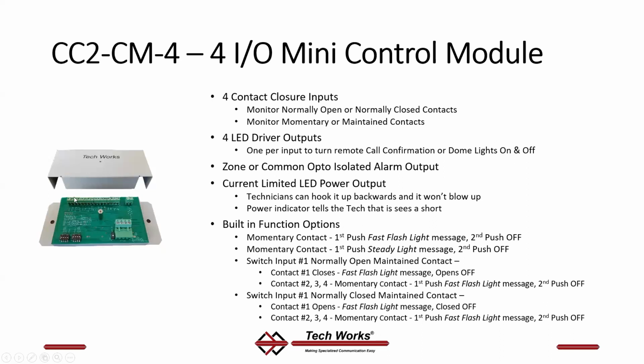The other thing is switch input number 1 sometimes is used to monitor a maintained either normally open or normally closed contact. That can be a smoke detector somewhere, or it can be a door contact. Very common application is monitor a door contact. And if you got a normally open closure, you put the dip switches one way. If you got a normally closed door contact, you put it the other.